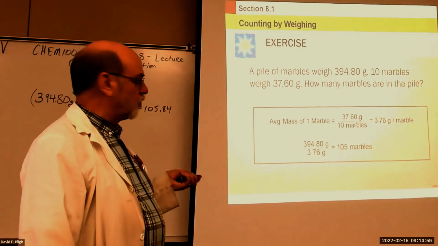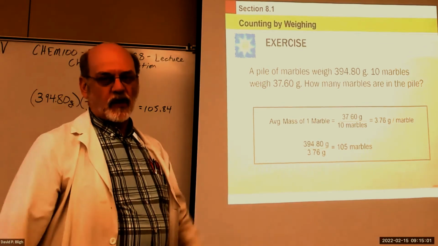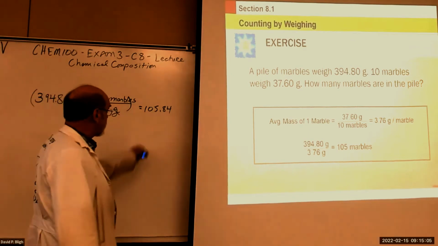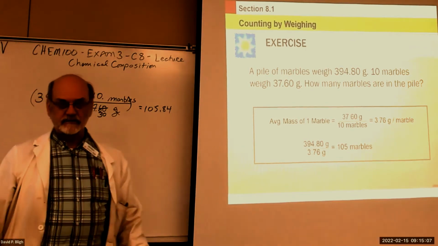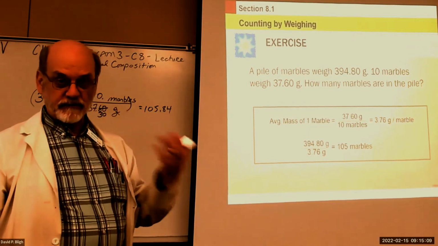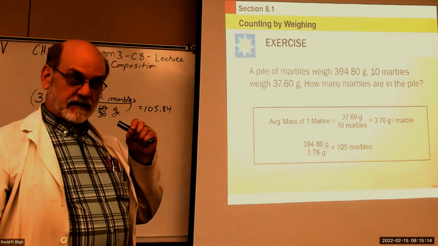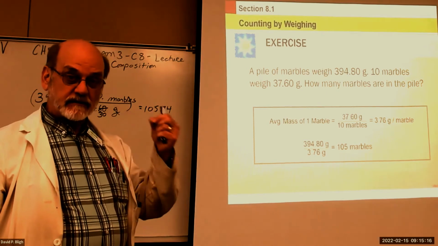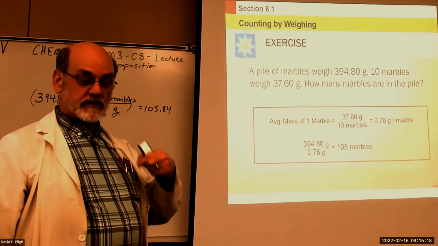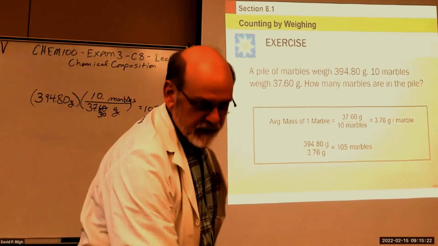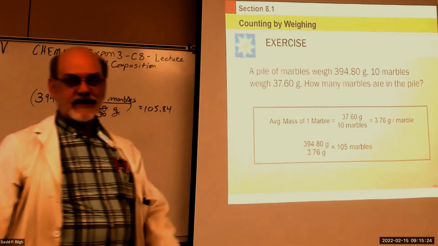In this case, the problem was devised so that you would come up with a whole number. But practically speaking, that rarely happens. When you do these types of measurements, you come up with fractional numbers. And you have to decide, is this a counting answer, or is it a fractional? Is that okay? So these are some of the decisions you have to make when you're doing these calculations.